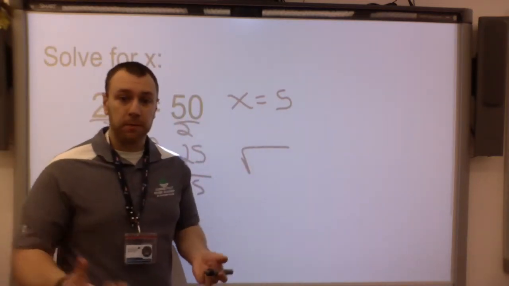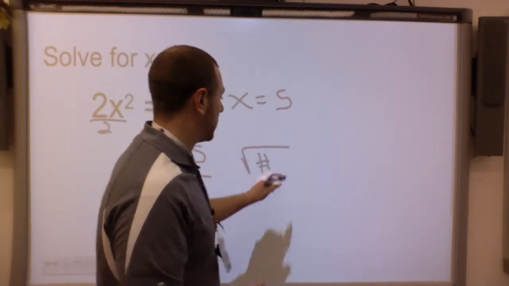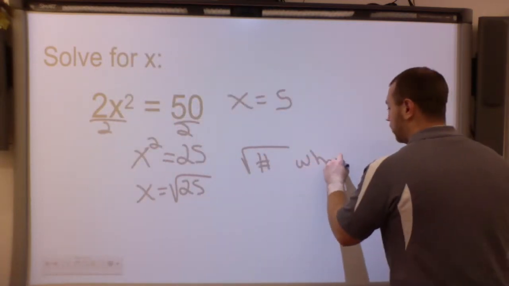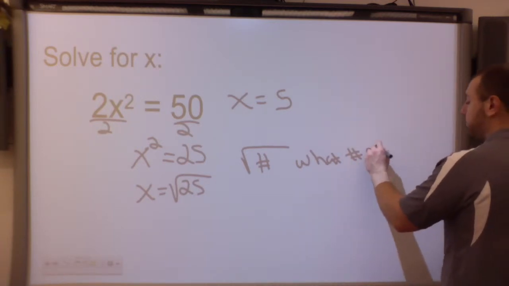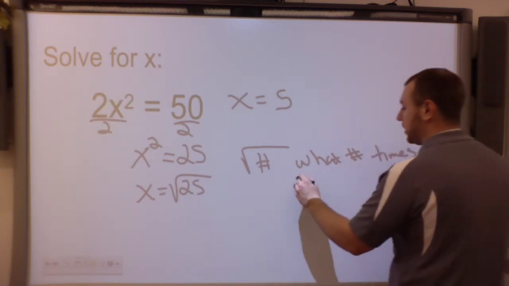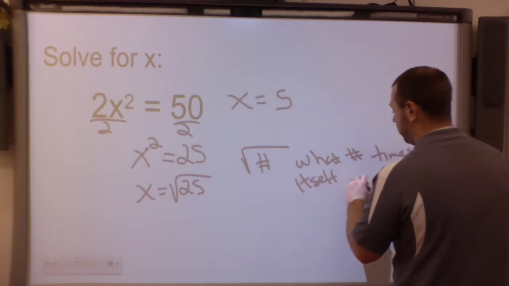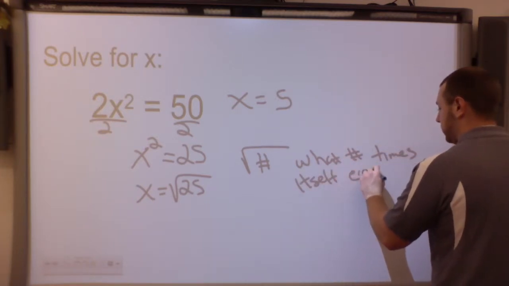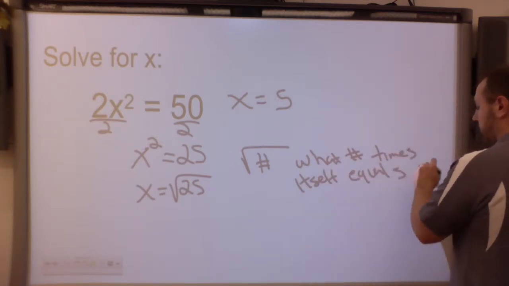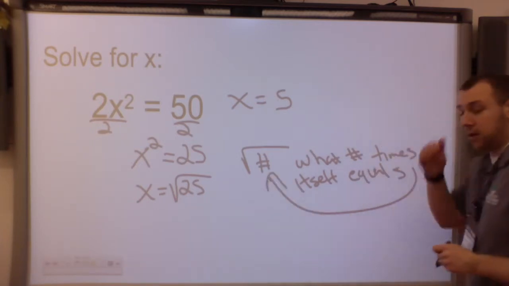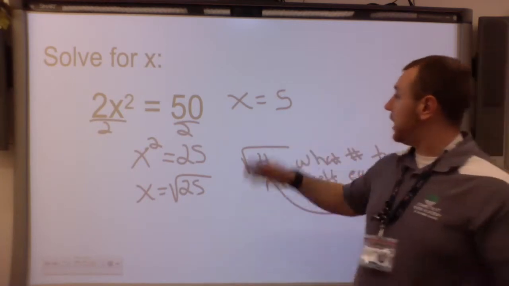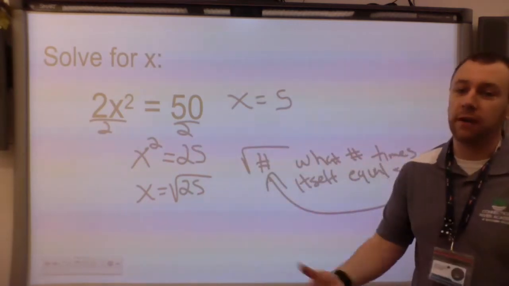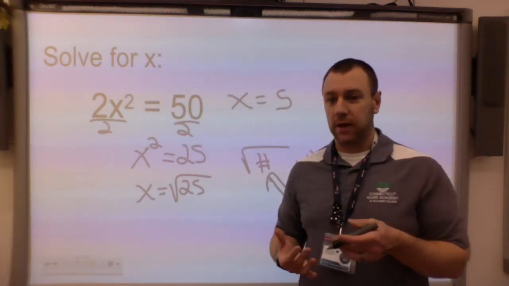of any number is asking, what number times itself equals this? So in this case, 5 times 5 is 25, but you're only half correct there.